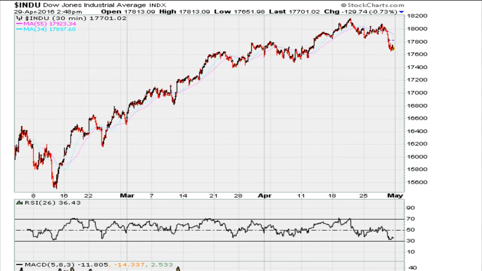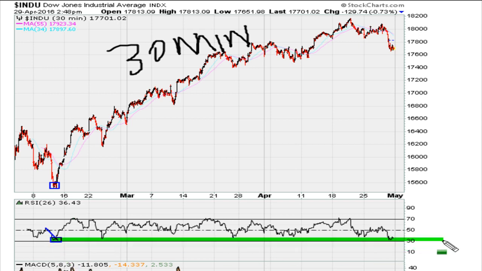In fact, if you take a look at the 30-minute chart for the Dow, RSI setting of 26, we can see that off the lows of February, the movement in the RSI began with a slight breakout. So this movement in the RSI gives us a line we can use for future bounce areas, and the market has used this once before, actually a couple of times.